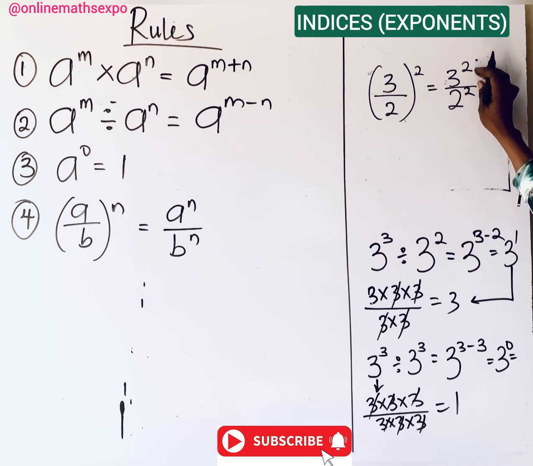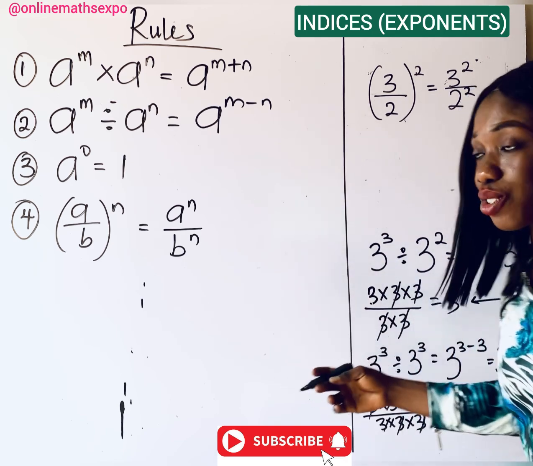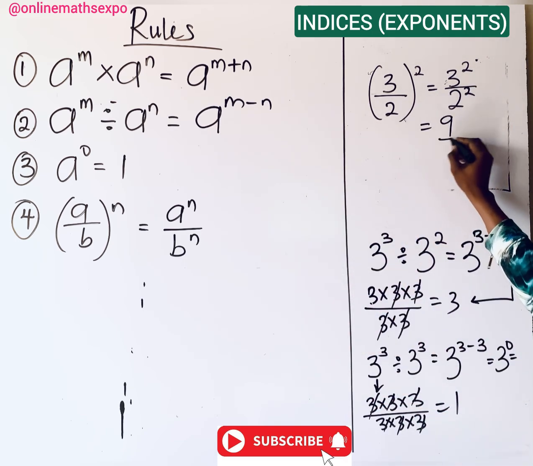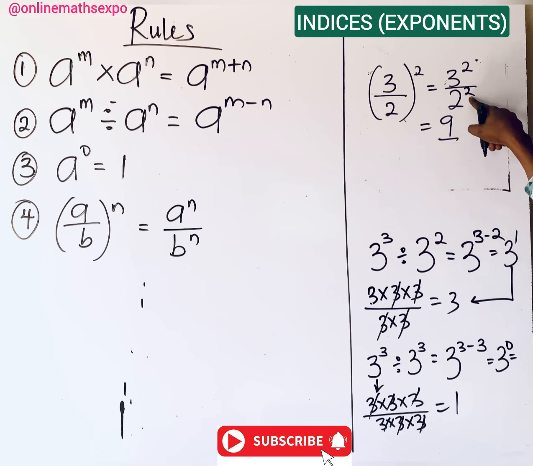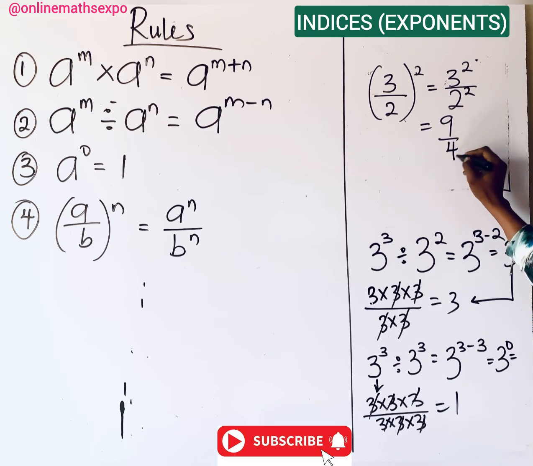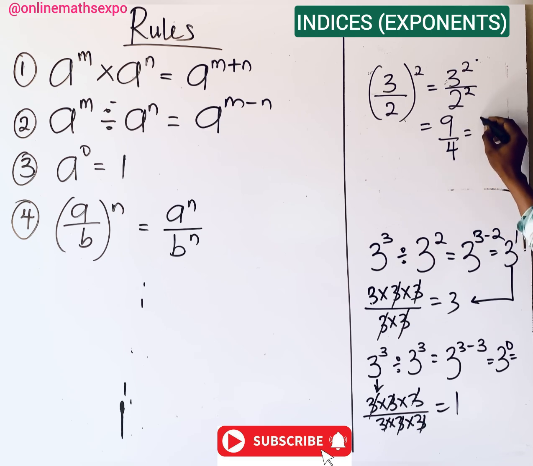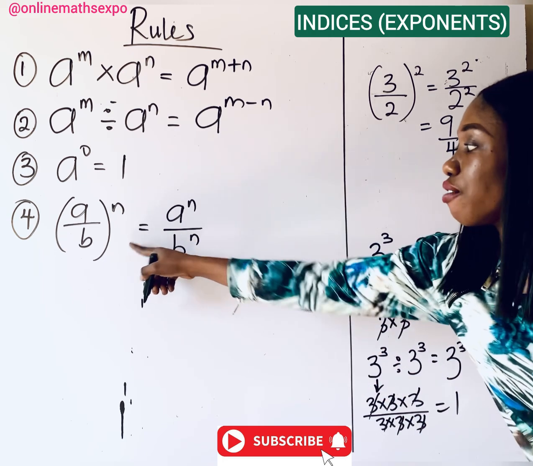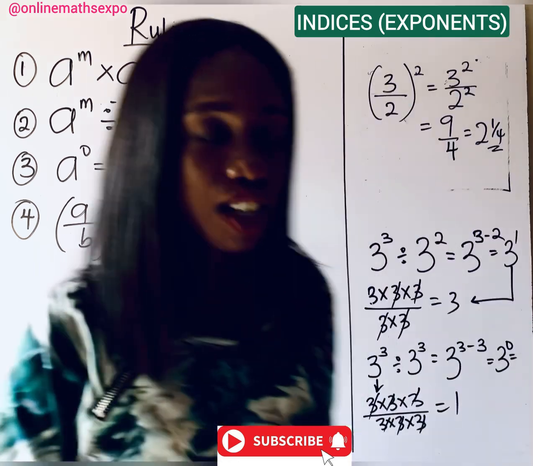And what is 3 raised to the power 2? It means 3 will be multiplied 2 times, and that will give you 9. For this, it means 2 will be multiplied 2 times to give us 4. So this is what we have, which will give you 2 whole number 1 over 4. Did you see it? So each time you have this, please express it in that form.